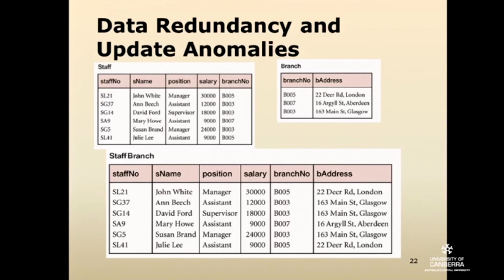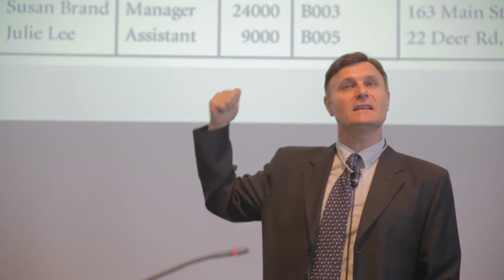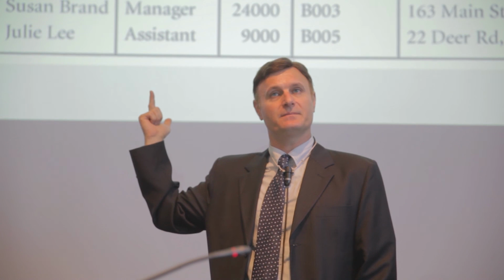If you want to delete a branch, you have to do it multiple times. Right? Does this make sense? So the second table, I've shown you before, has problems with update, with deletion, and with insertion.